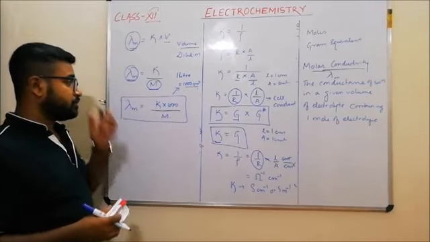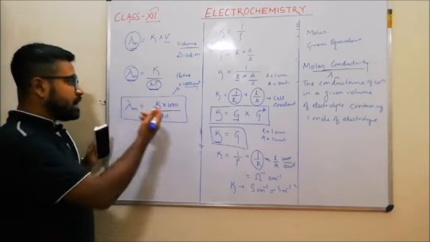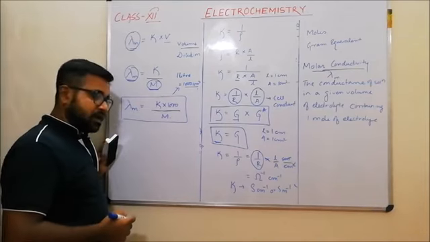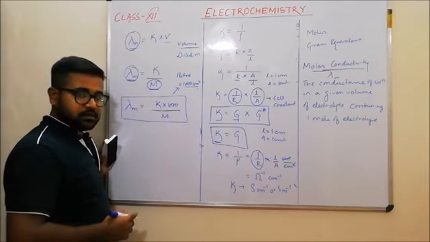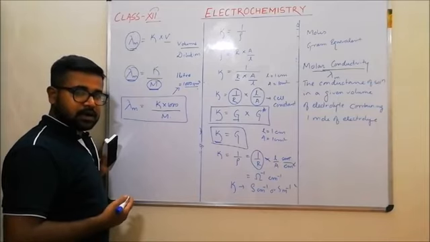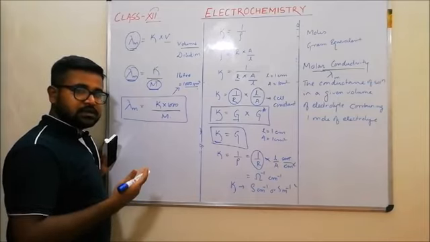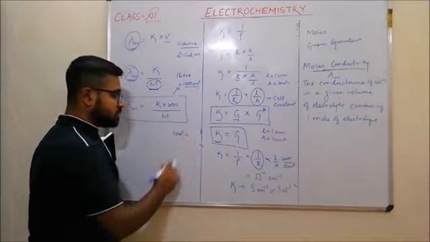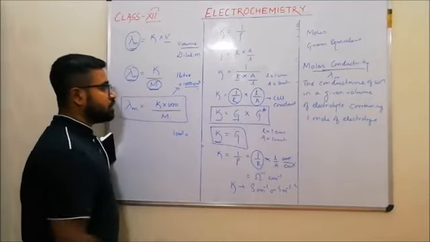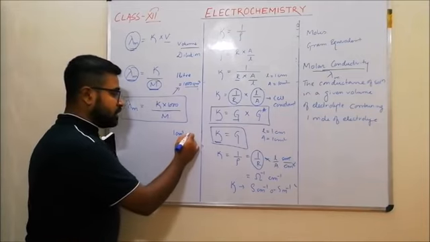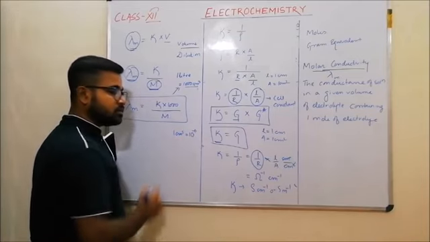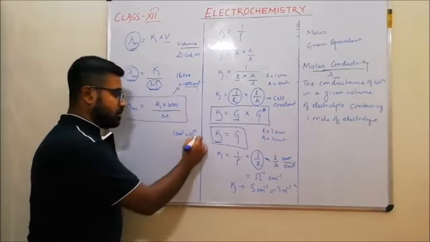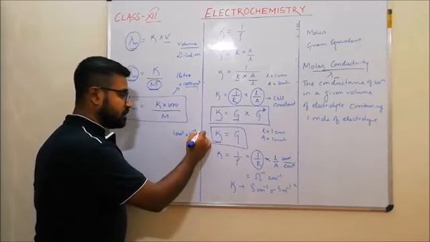Now one thing is there, if we are writing in terms of meter, what will be the answer? Remember, 1 centimeter cube is equal to 10 to the power minus 6 meter cube.